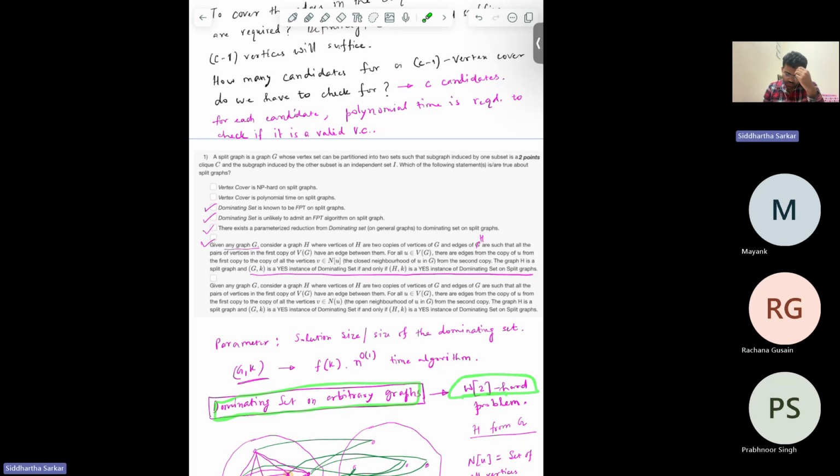So therefore, with this polynomial time reduction, which is also a parameterized reduction, we can conclude that the dominating set on split graphs is also W2 hard. So this statement that there exists a parameterized reduction from dominating set on general graphs to dominating set on split graphs is true, and this is the reduction. So both these two statements are true.